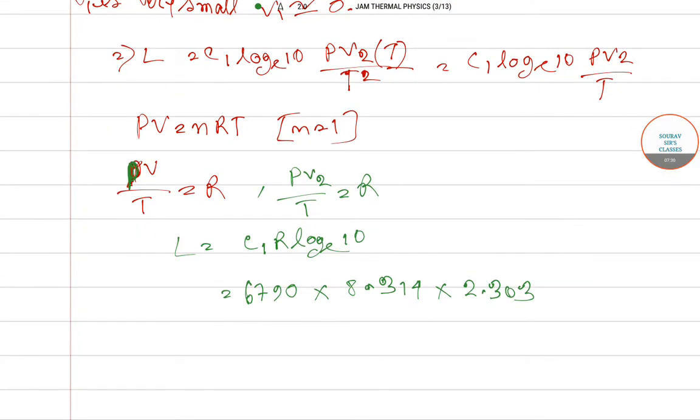So if we calculate this, the value is 130 kilojoule. This is the latent heat of sublimation of zinc. So here the answer is 130 kilojoule.